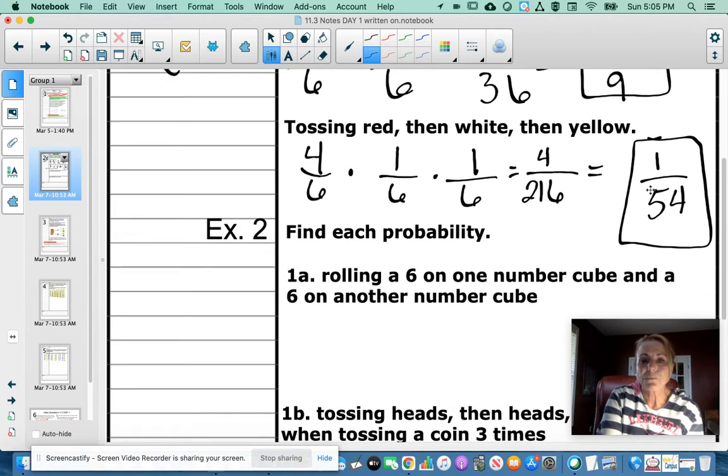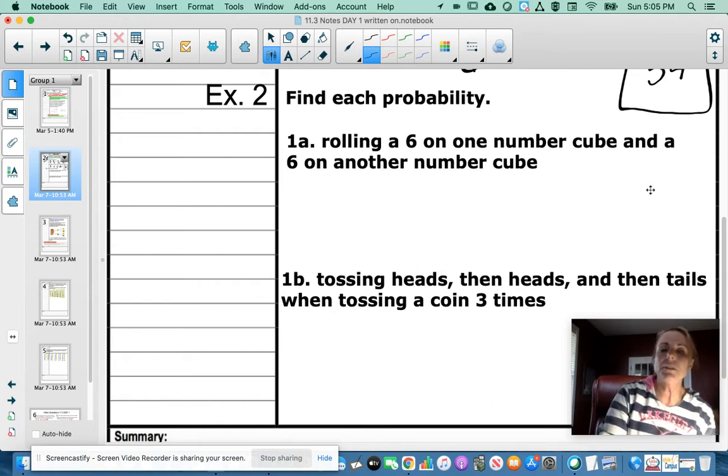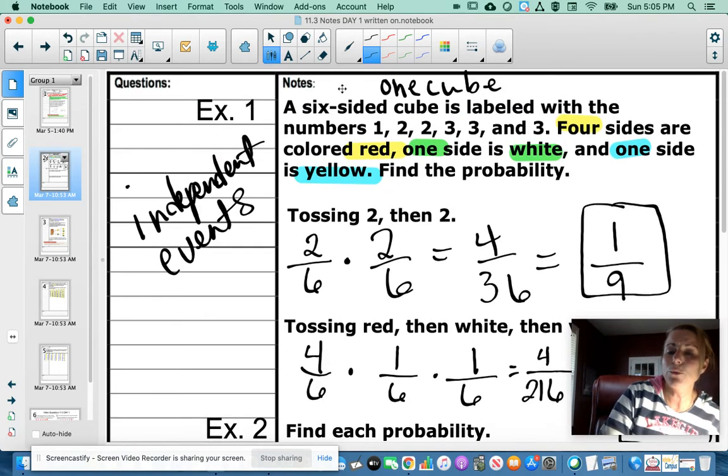Example 2. We're going to find the probability of rolling a 6 on one number cube and a 6 on another number cube. This is not the same cube that we used in example 1.